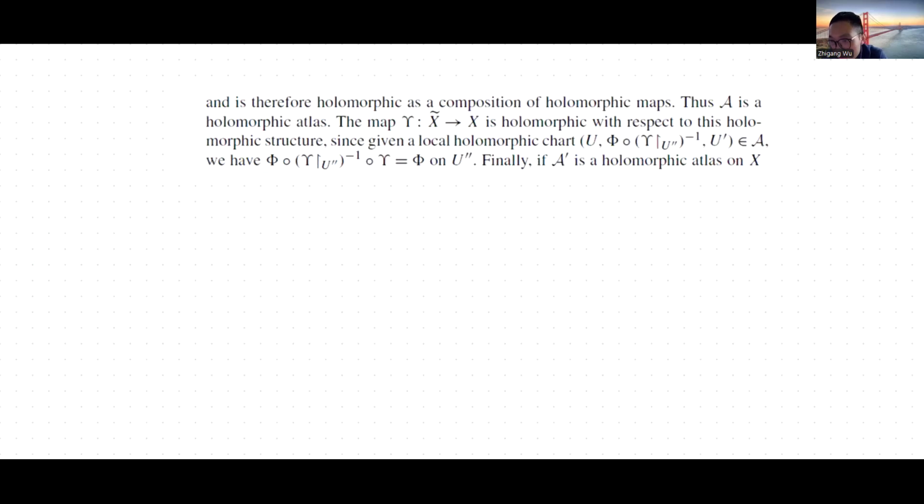Here, let's draw a diagram. What is this phi? Remember that this phi is simply... I can't share my screen now.